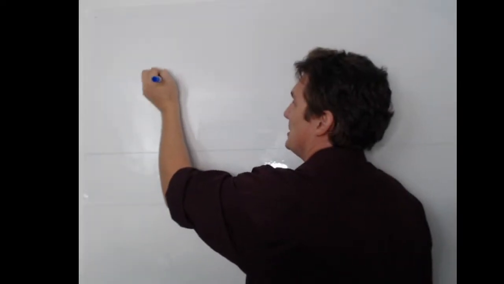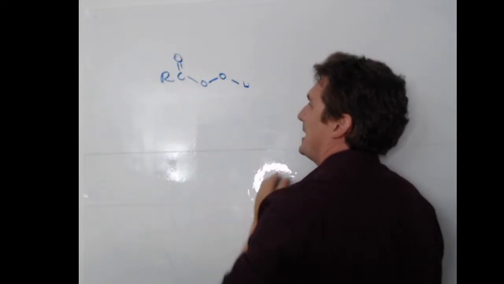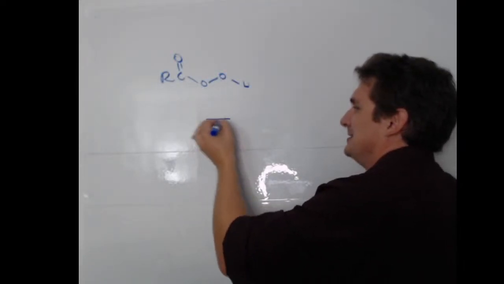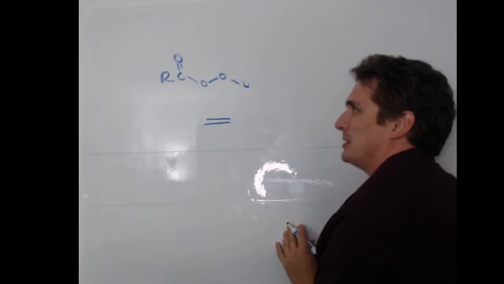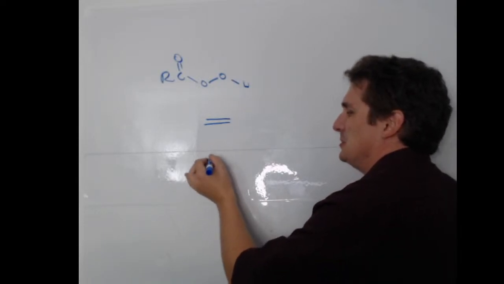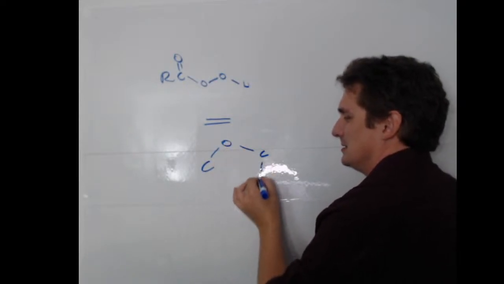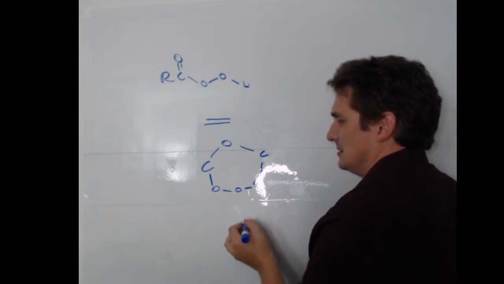So to begin with, we're typically working with a peroxy acid to make this work. And even with the most simple alkenes, if I remember correctly, you go through this 5-membered ring intermediate. Or 6-membered.